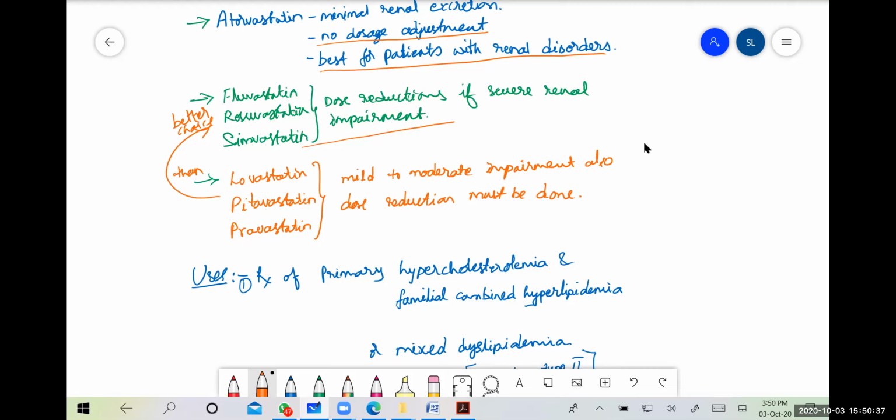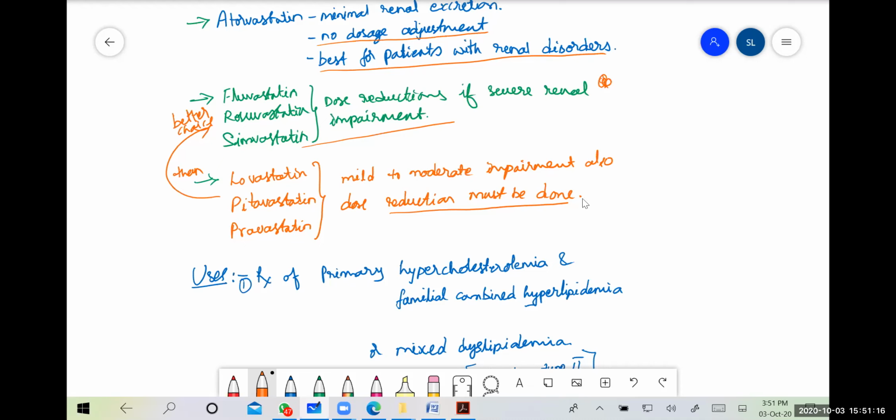So for fluvastatin, rosuvastatin and simvastatin, only if there is severe impairment of renal function do you have to make adjustments. If it is mild to moderate, there is no need to reduce the dose. But for lovastatin, pitavastatin and pravastatin, you have to make dose adjustments even if there is mild to moderate impairment in the kidney function test.